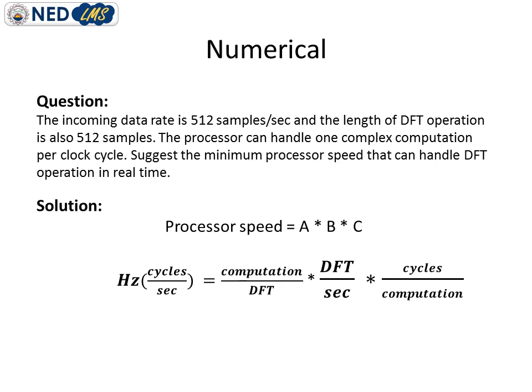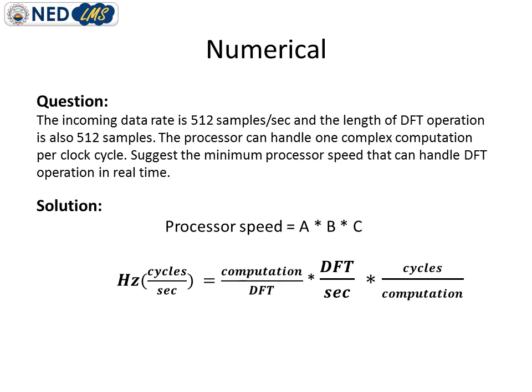The question is, the incoming data rate or data throughput is 512 samples per second, and the length of the DFT operation is also 512 samples. The processor can handle one complex computation per clock cycle. Suggest the minimum processor speed that can handle the DFT operation in real time.